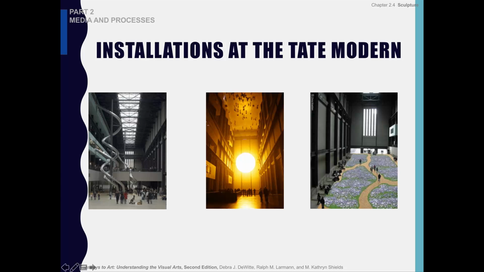For example, the Tate Modern Museum in London, if you'll notice the windows in the back, I'll start with the one on the far right. Here they are, they're behind this bright white circle, and then here they are again. So they invite installation artists to come in and change out this open space. And here they just made a garden that you could walk through.